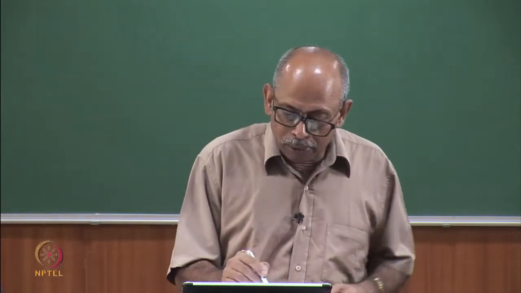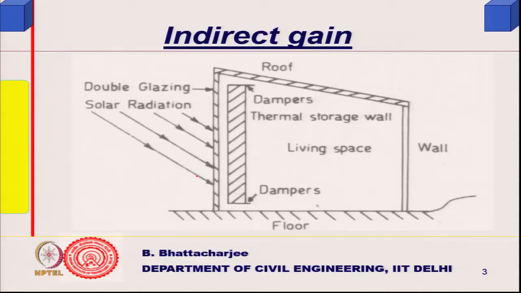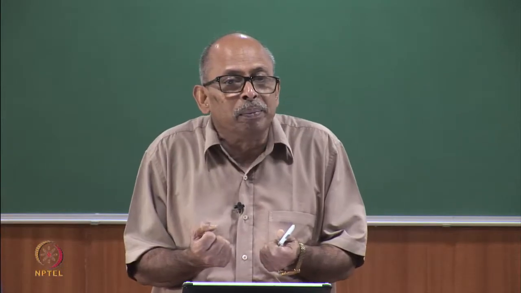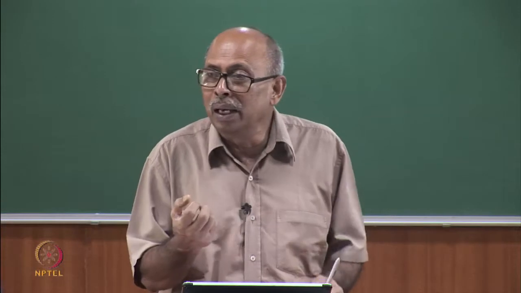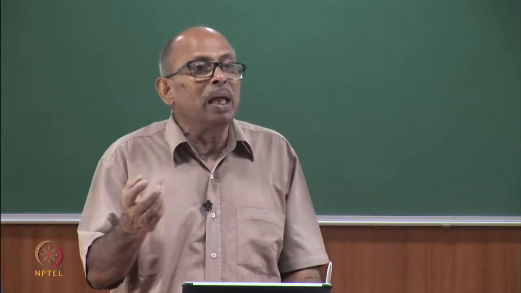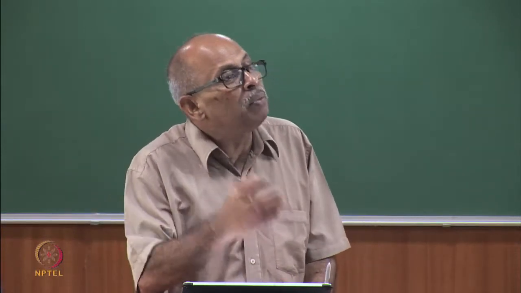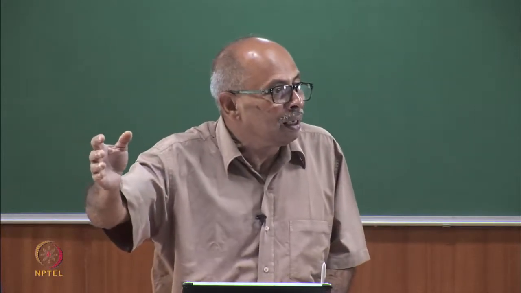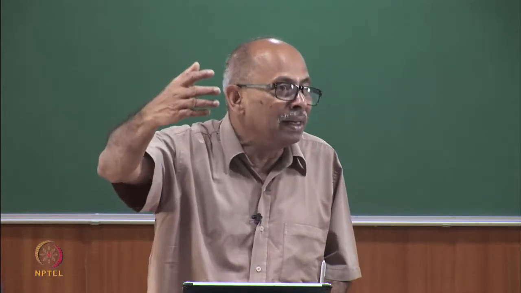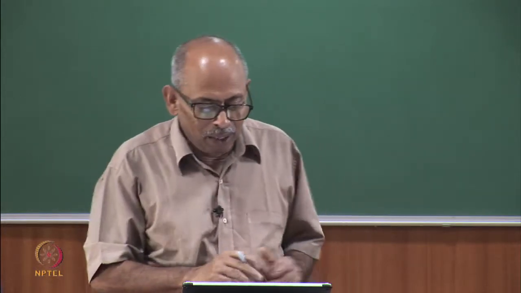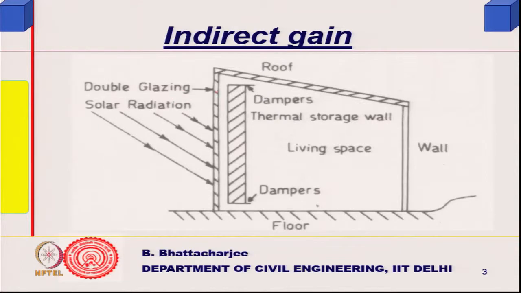The problem is that glass absorbs the radiation, but since it is thin, it is useful only at that period of time. It is not really worthwhile to use the sun only when it is available outside. You should be able to use it when it becomes cold at night, store it for some period of time. This is what we call indirect gain into this space.